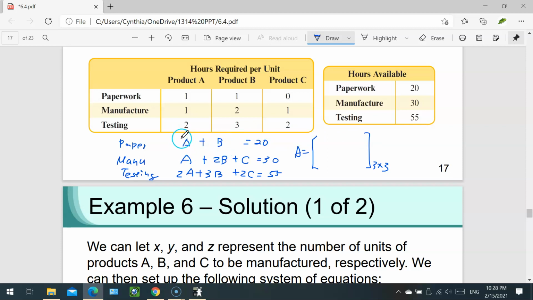Since there's no number here, it's 1, 1, 0. On the second equation, we have 1, 2, 1. On the third equation, we have 2, 3, and 2. And then you create a matrix B, which is 20, 30, and 55.